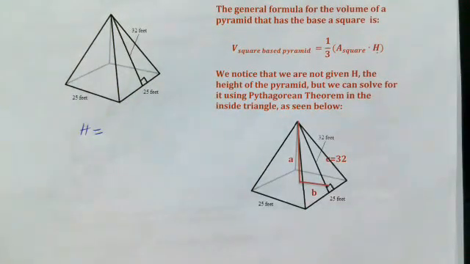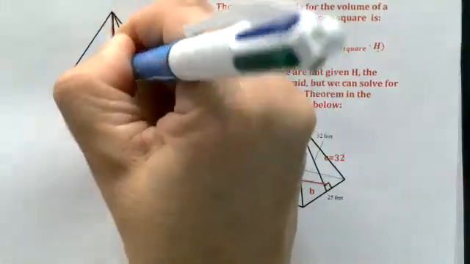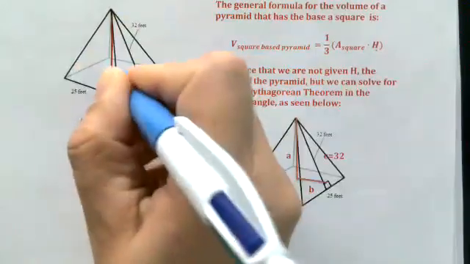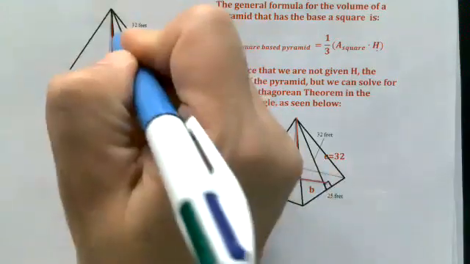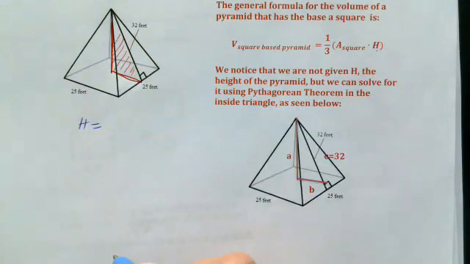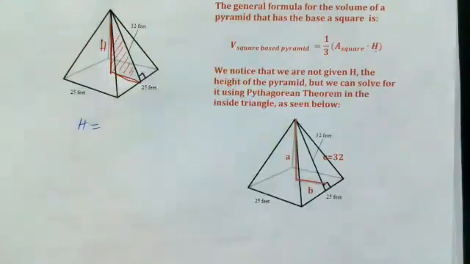To get the height of the pyramid, that's right there in the middle, we have to work again in that inside triangle. Remember, we worked on an inside triangle last class when we were looking for the slant. Now we're looking for the height, but we don't know it.